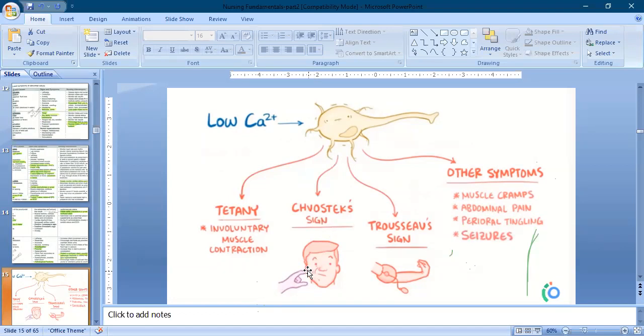If you tap the cheek muscle, it should move towards the zygomatic bone. Or the Trousseau sign should be positive. The other signs and symptoms of low calcium are muscle cramping, abdominal pain, perioral tingling sensation, and finally seizure.